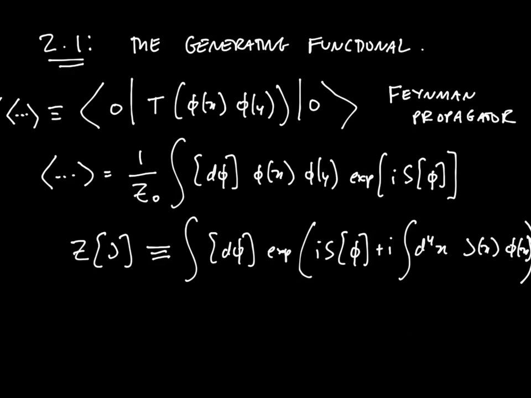So now we again do the same sort of thing that we did previously in the quantum mechanical setting. In particular, it's fairly easy to see that this thing here is given in the following way. I can calculate this by taking the following functional derivatives. I take 1 over Z naught.